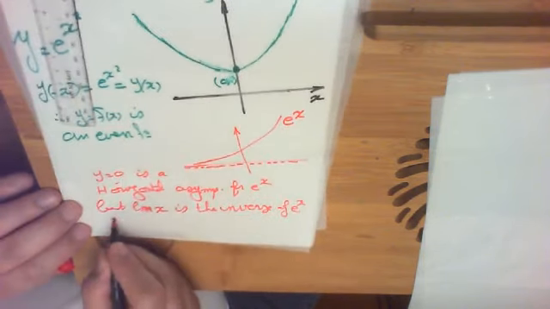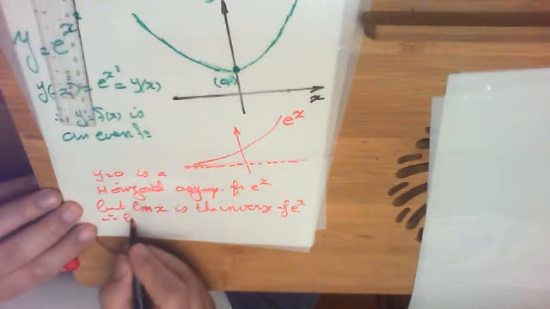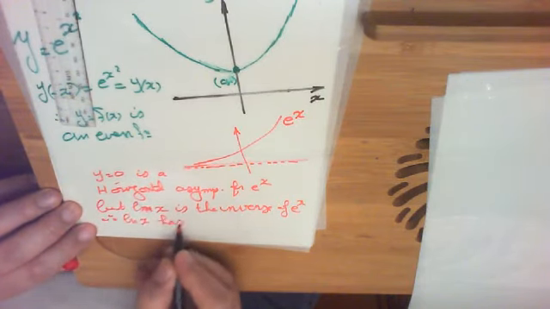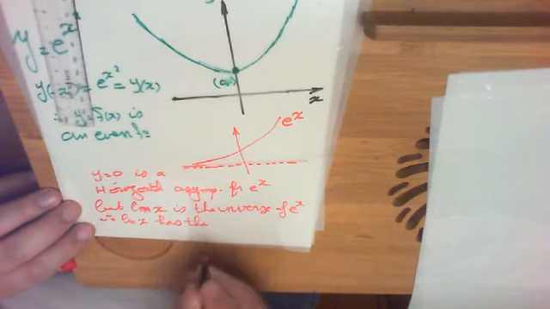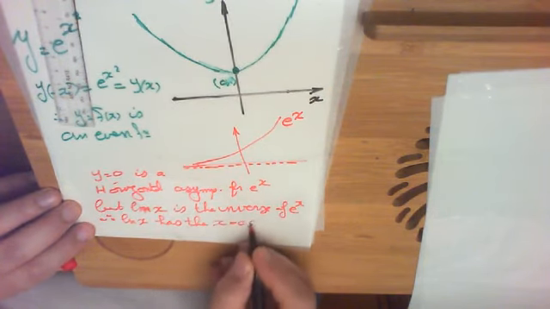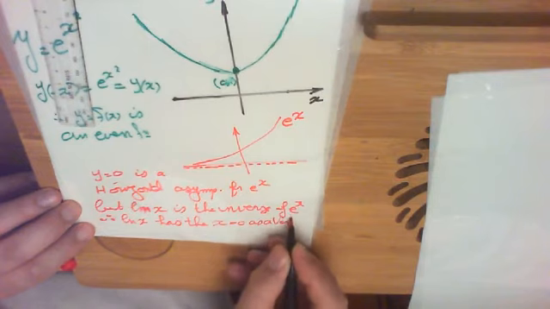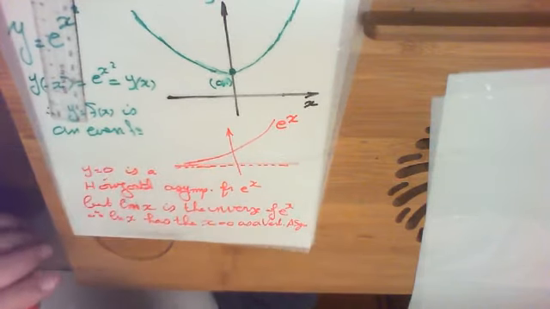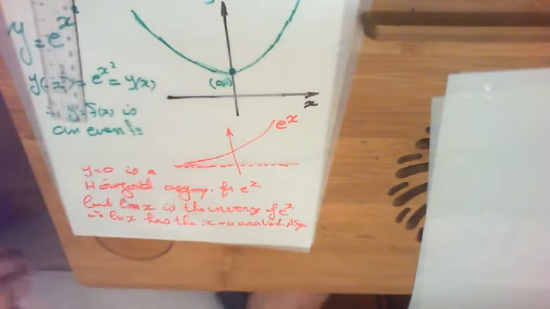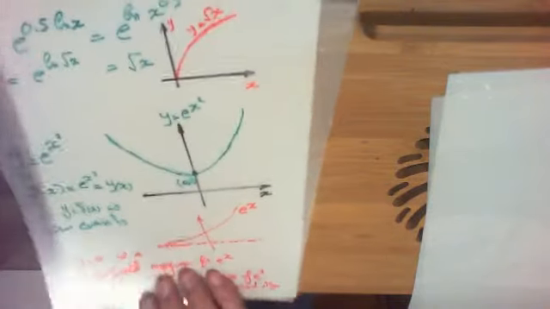So ln x has the y-axis, or x equals 0, as a vertical asymptote. This is why ln has a vertical asymptote in spite of not being a rational function. Okay?